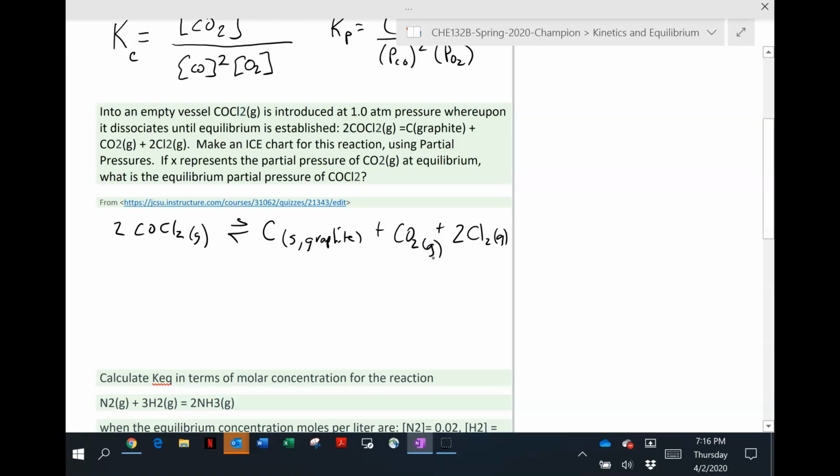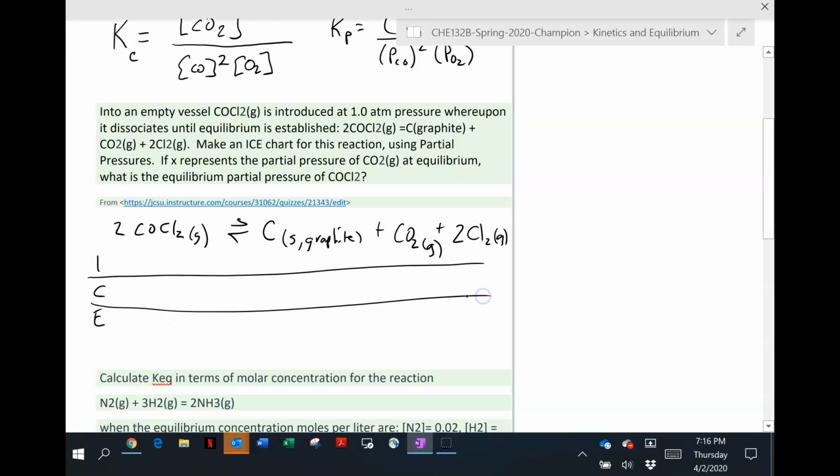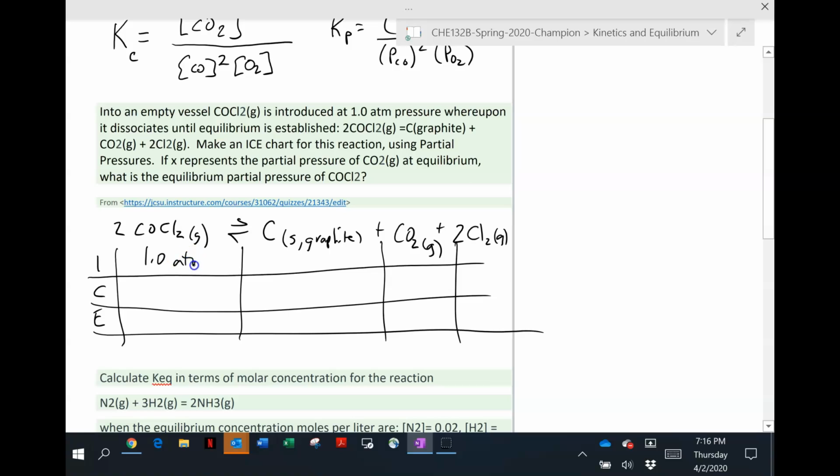Now we're going to make an ICE diagram. So we say ICE: initial, change, equilibrium, and we have a column for each thing, and we know this is 1.0 atm. Now since graphite is solid, we don't use it.